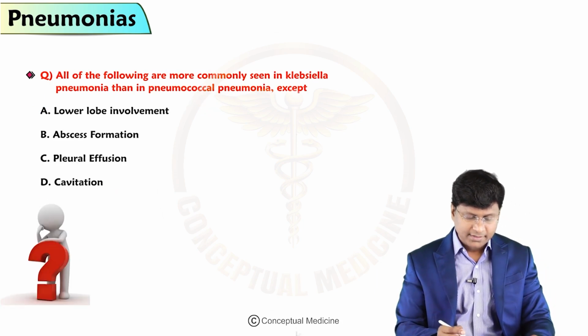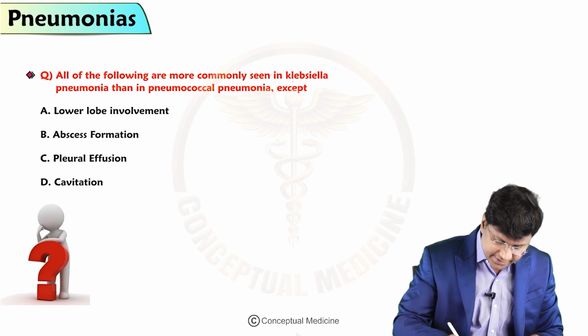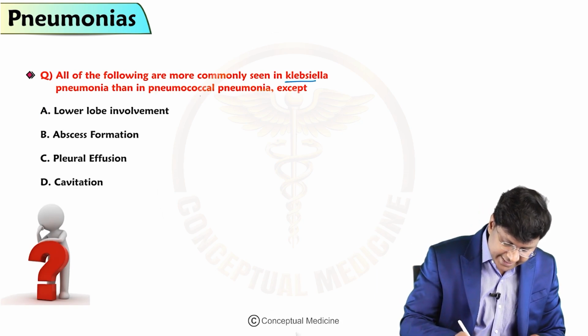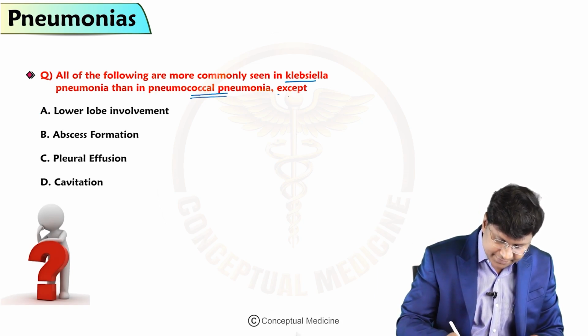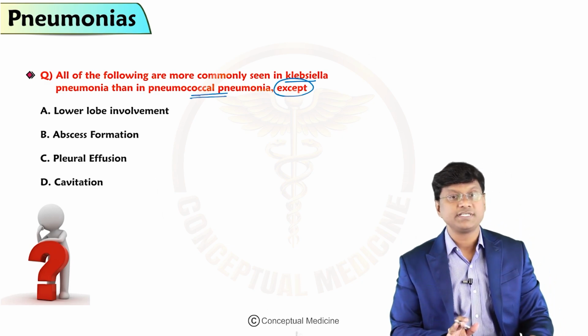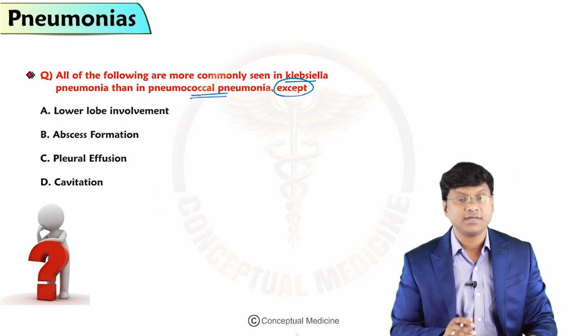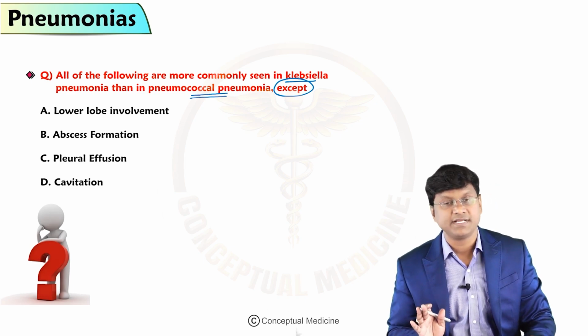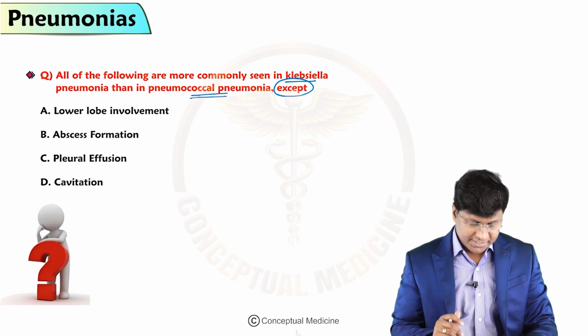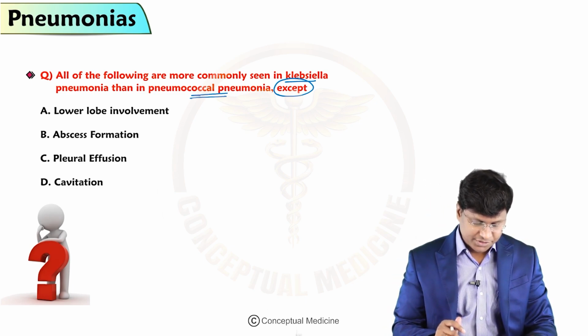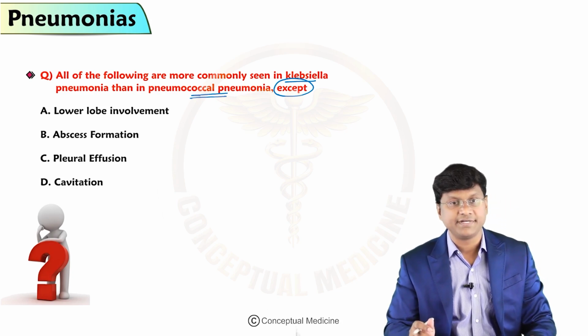So you see a question here. All of the following are more commonly seen in Klebsiella pneumonia than in pneumococcal pneumonia except, right? So the question is, which of the following is not very much suggestive of Klebsiella pneumonia? Options are lower lobe involvement, abscess formation, pleural effusion, and cavitation.